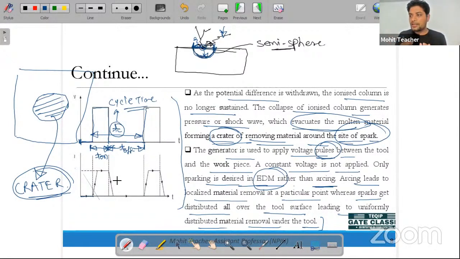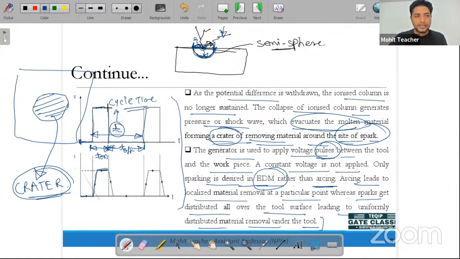You have seen this linear relationship in welding terminology. So this is linearly varying. When the voltage becomes maximum, the current will also become maximum. The voltage becomes maximum immediately, but the current takes some time.